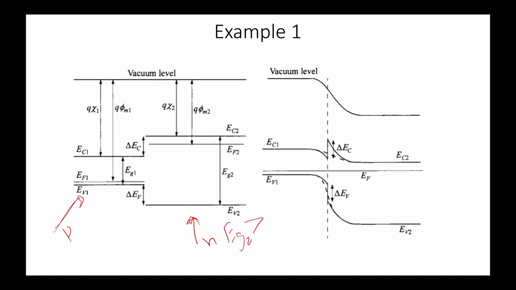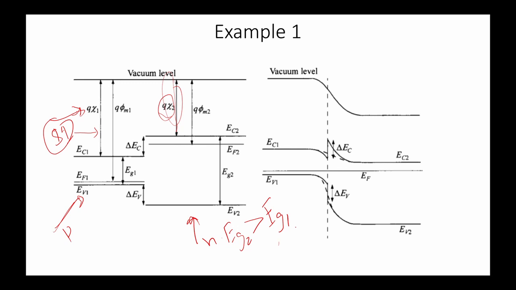Eg2 is greater than Eg1. The electron affinity of the first semiconductor, S1, is greater than the electron affinity of the second semiconductor.